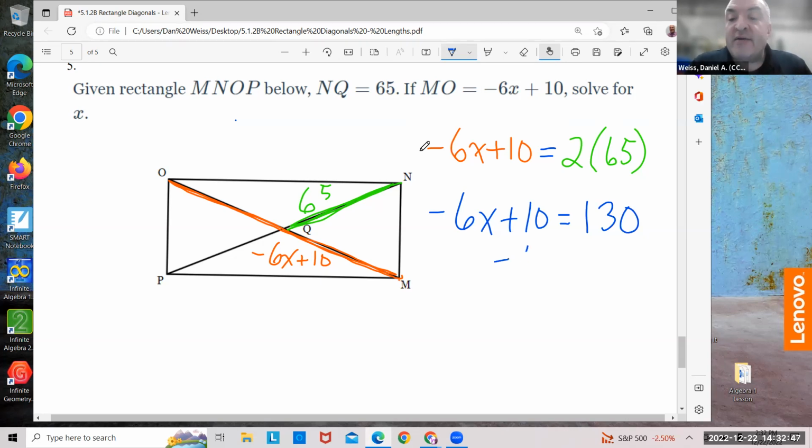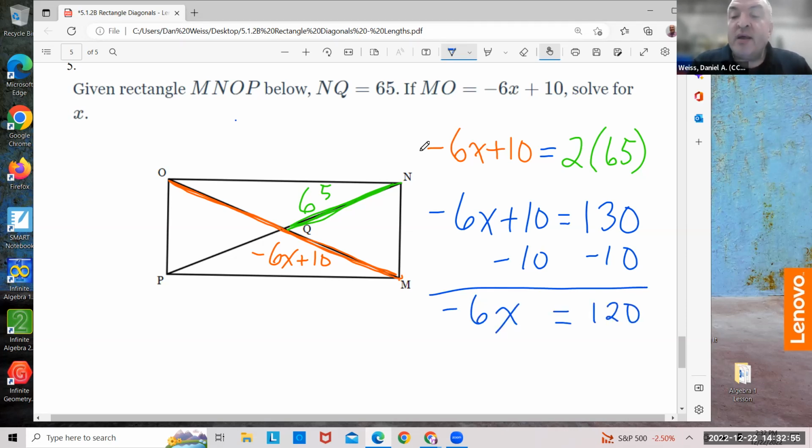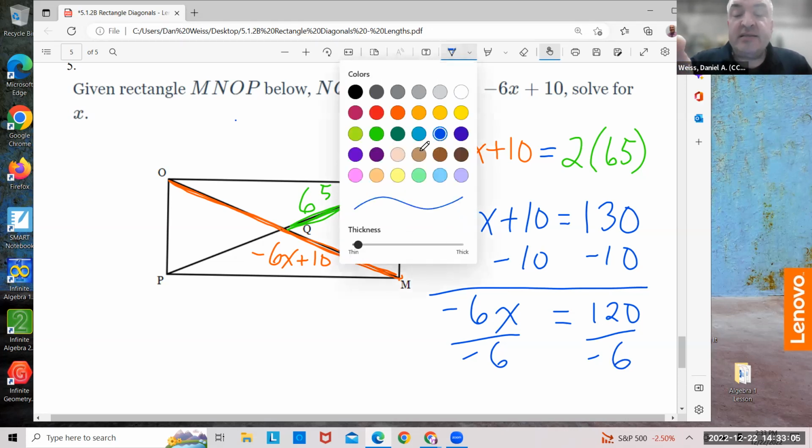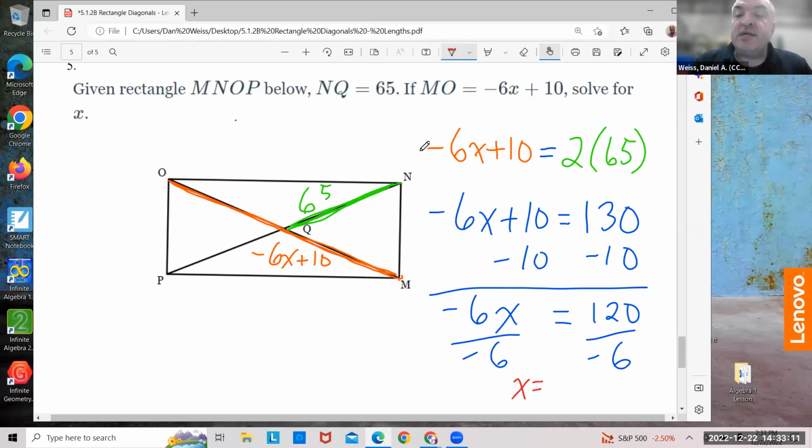I'm going to minus 10 from both sides. I get negative 6x equals 120, divided by negative 6. 12 divided by 6 is 2. So 120 divided by 6 is 20. So x equals negative 20.